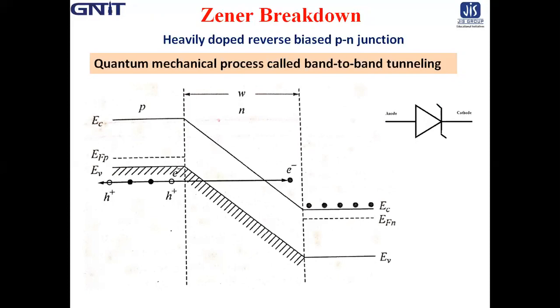So the zener breakdown voltage due to tunneling for silicon and germanium PN junction is found to be less than 4 Eg by e, where Eg is the band gap energy.